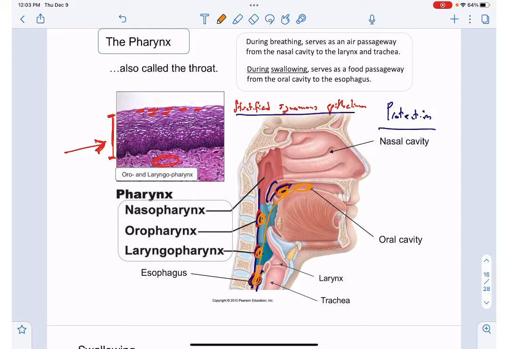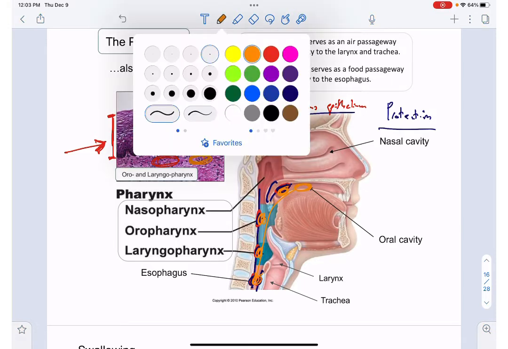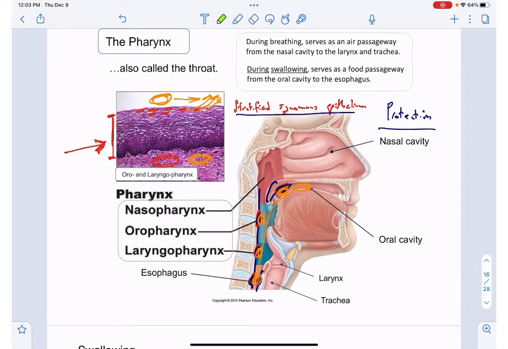And so the stratified squamous epithelium, that's moving down, it's going to protect the underlying connective tissue from that food bolus. You may have some of these squamous cells that slough off, but that's okay. That's what they're made for. And then you have stem cells down below that are constantly producing new cells and regenerating that stratified squamous epithelium.